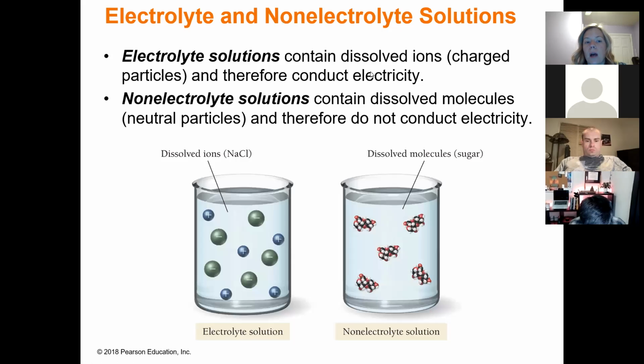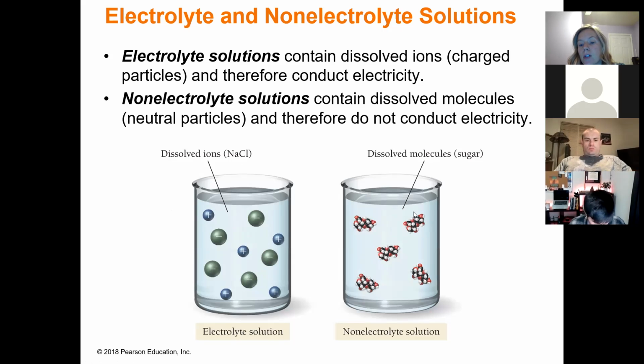So back to that concept of electrolyte and non-electrolyte solutions. On the left here, I have table salt dissolved in water, and on the right I have sugar dissolved in water. Now, how do these two things differ? Well, table salt, NaCl, is a metal and a non-metal, so it's going to produce ions in solution. That's what gives it the electrolyte qualities, that I can pass a current through here.